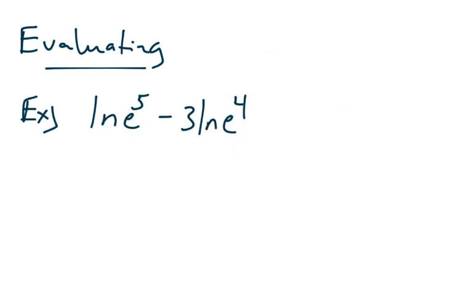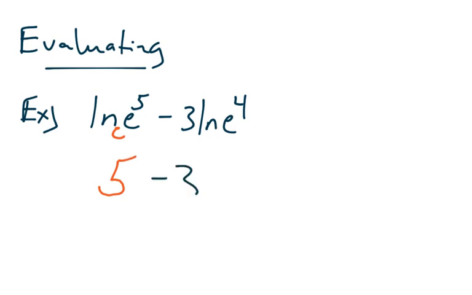How about this joyous problem where we have 2 logs? Now the ln of e to the 5th minus 3 the ln of 4 is actually asking for 2 exponents. And so e to what power is going to equal e to the 5th power? Well, that would become the 5, or that 5 power.